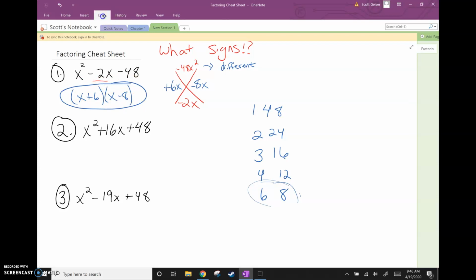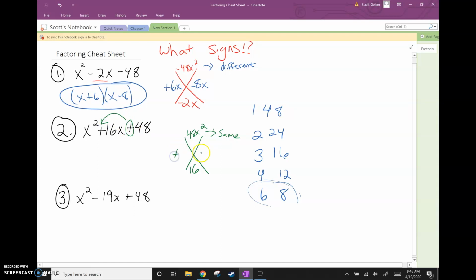For the next one, we're going to do the exact same process. We're going to have the x, only now it's a positive 48x squared and a plus 16. Since this is positive, these signs have to be the same. Since this is positive, you look back, and that means they both have to be positive.